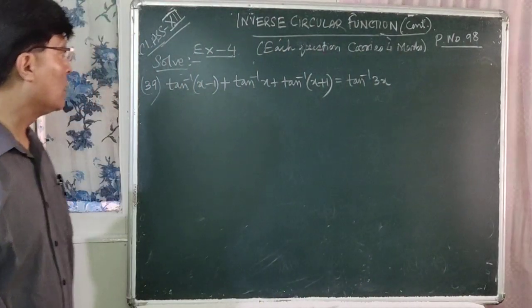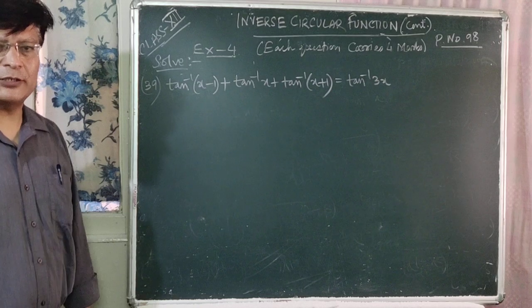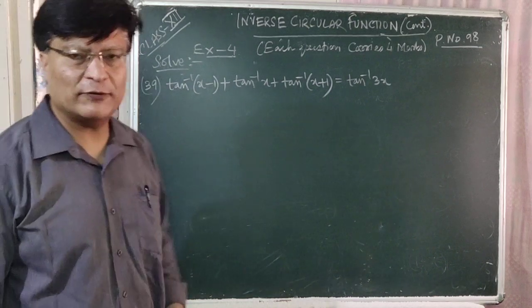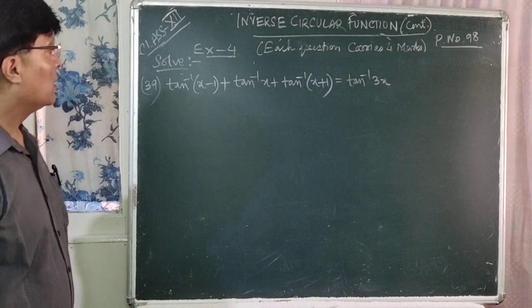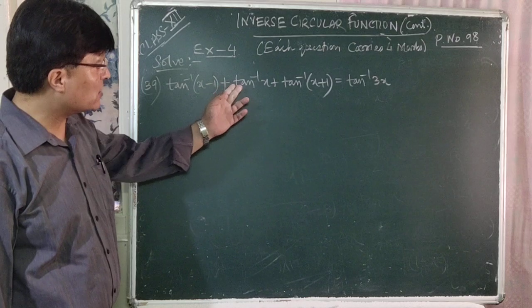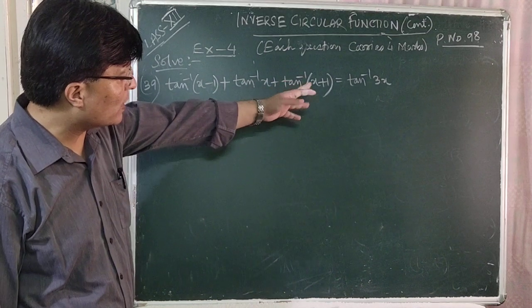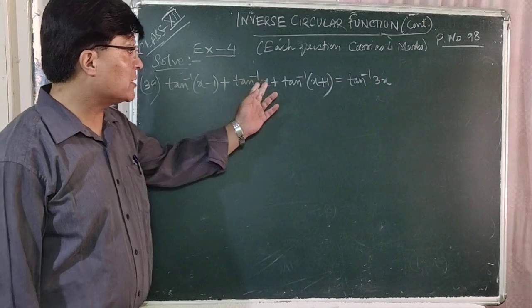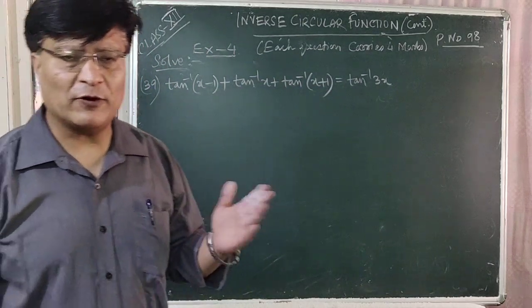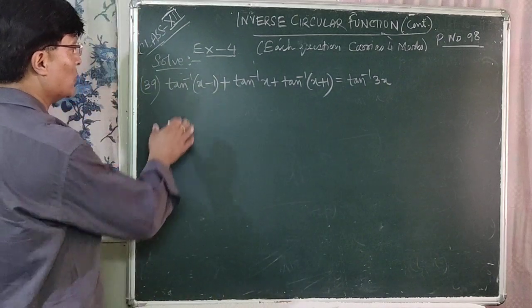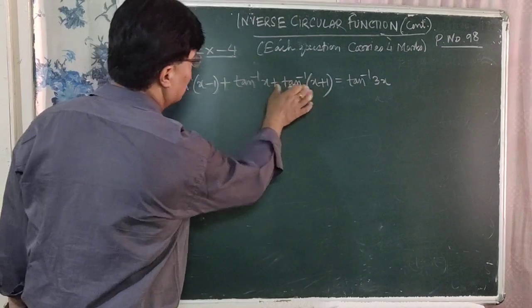So now we will do the next question, that is question number 39. This is also a solve question. You have to get the value for x, okay? So in this case it is given tan inverse (x minus 1) plus tan inverse x plus tan inverse (x plus 1) is equal to tan inverse 3x. Now let us take this tan inverse x to the right hand side, and keep the first and third terms on the left hand side, that is tan inverse (x minus 1) and tan inverse (x plus 1).